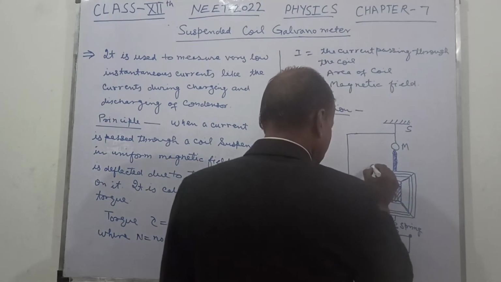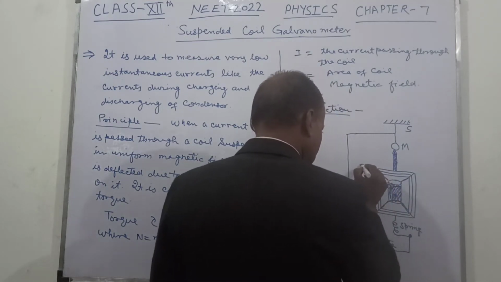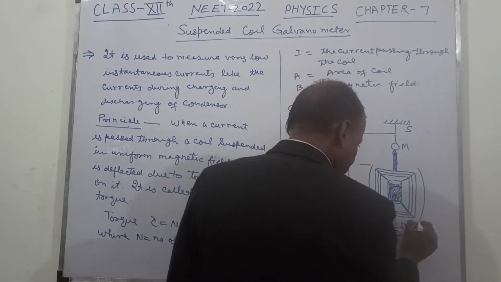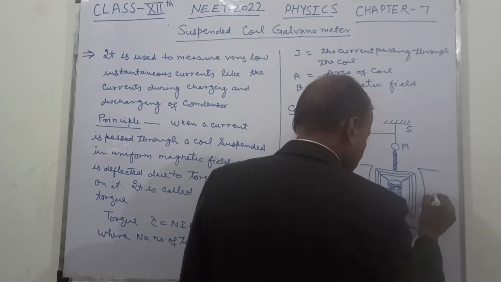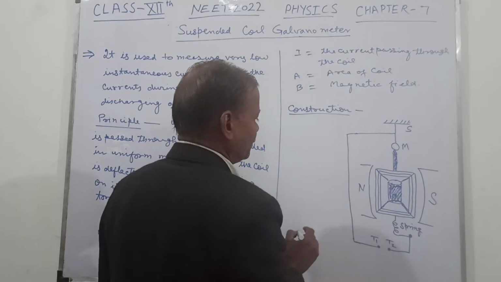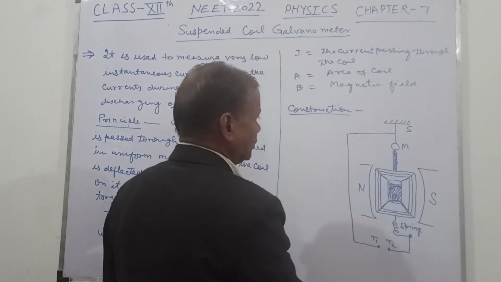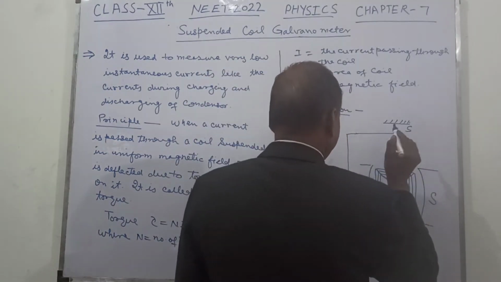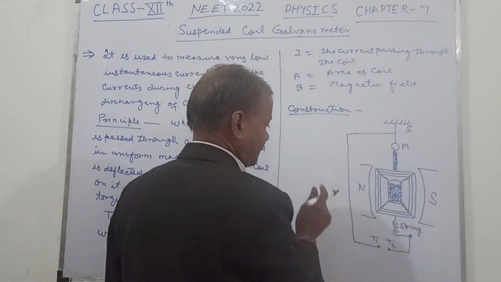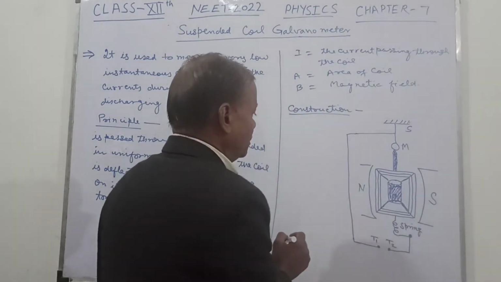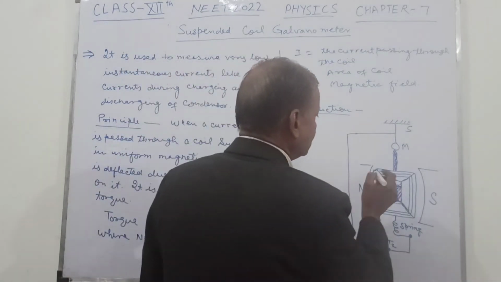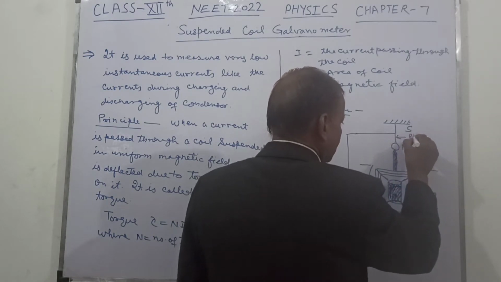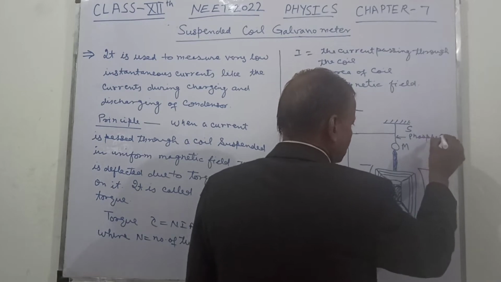And here we have the magnetic poles, N and S, and all of this arrangement. Here this is phosphor bronze.